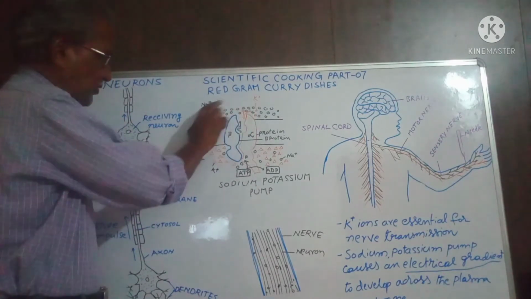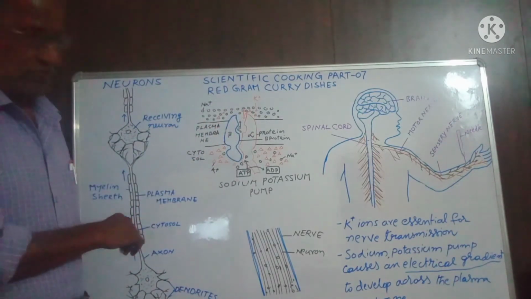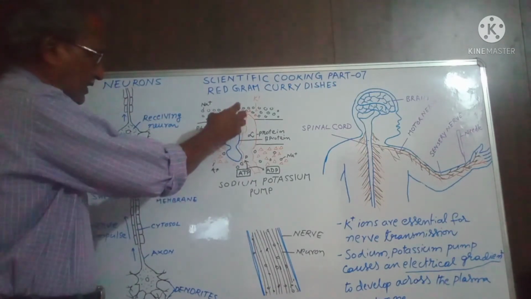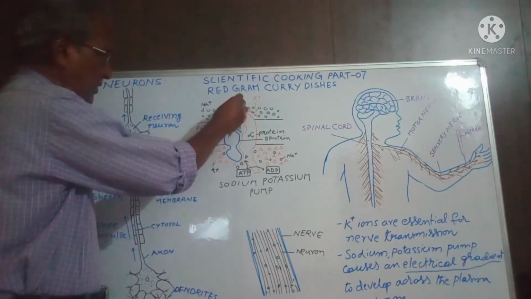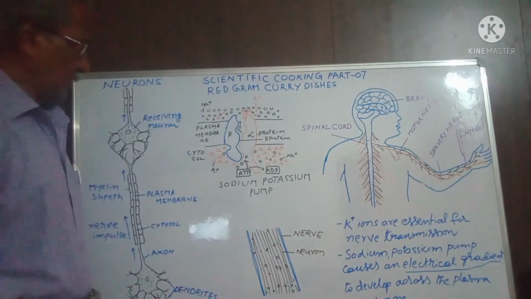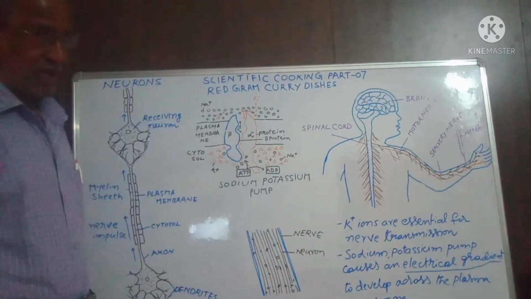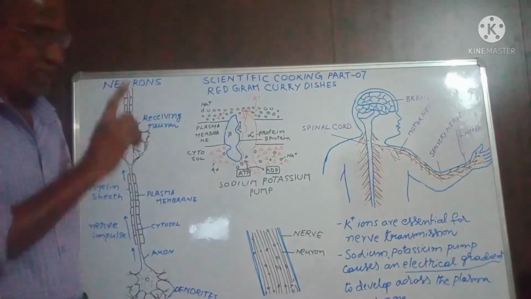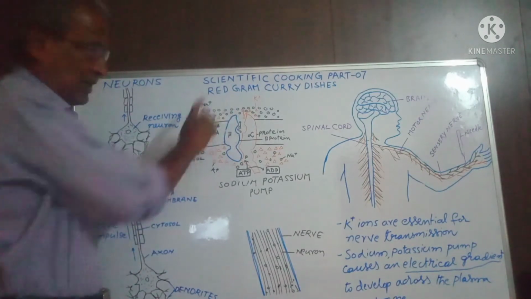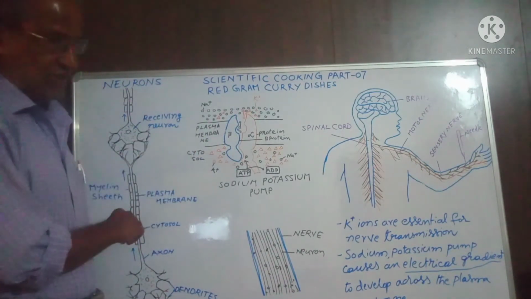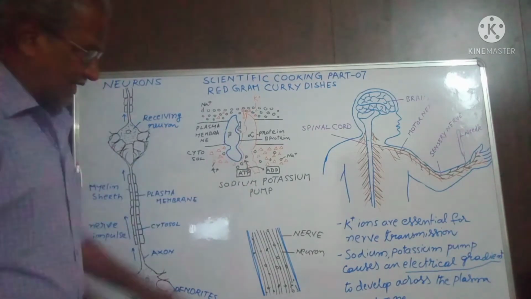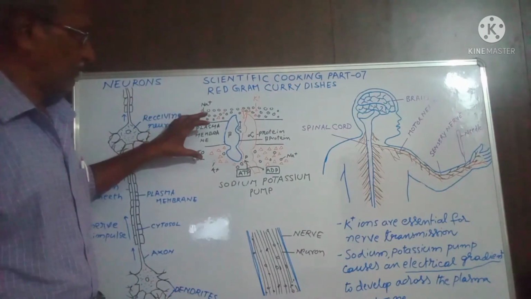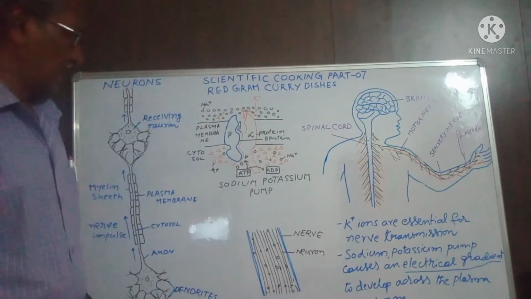Three sodium ions are responsible for the positive pole, and two potassium ions are relatively negative when compared to three sodium ions, which carry positive charge. That's why an electrical gradient is formed. This electrical gradient causes the transmission of the impulse.